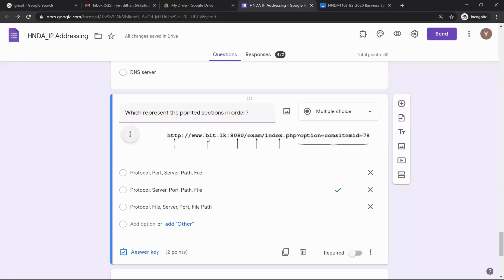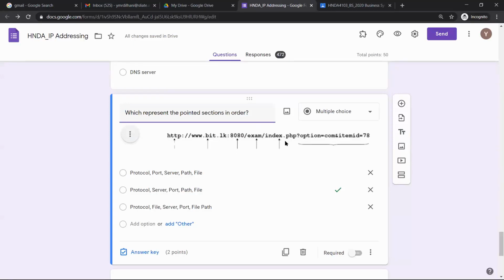And here you have the address of the server. So the server is www.bit.lk, that is the server, right? And port 8080, and here you have the path exam, and then the file, index.php file, right?